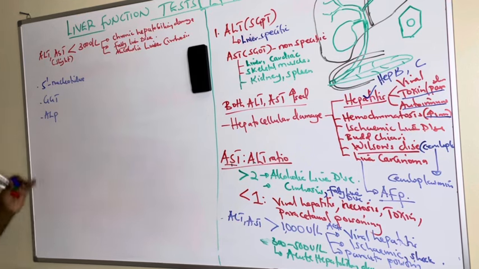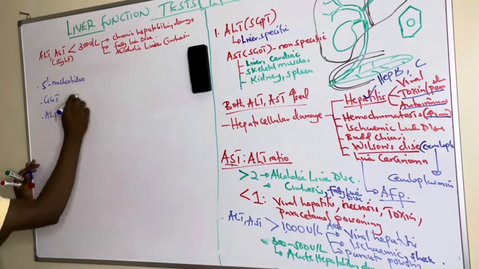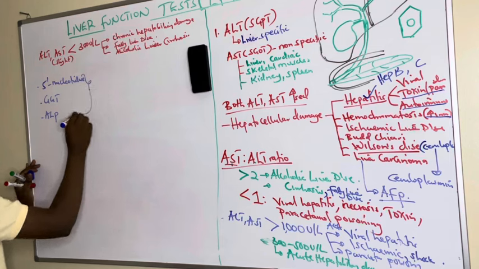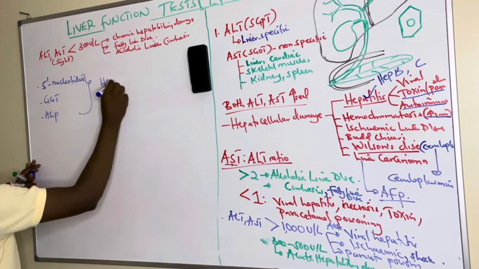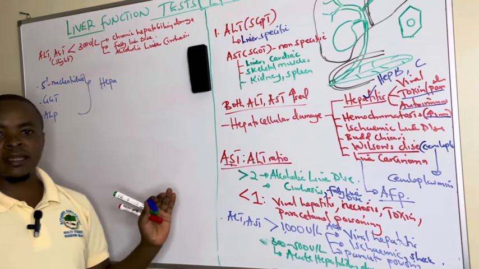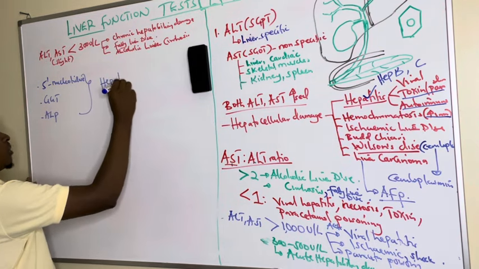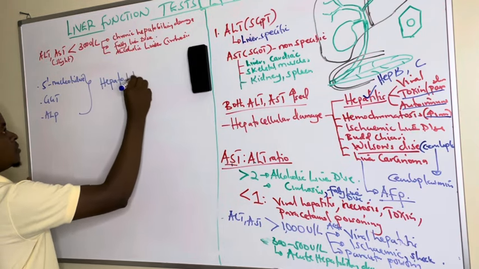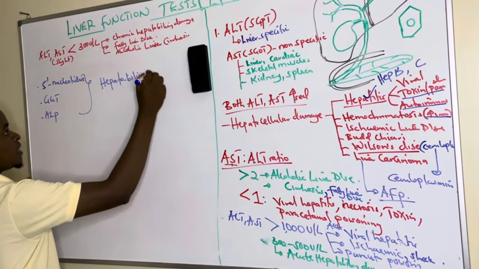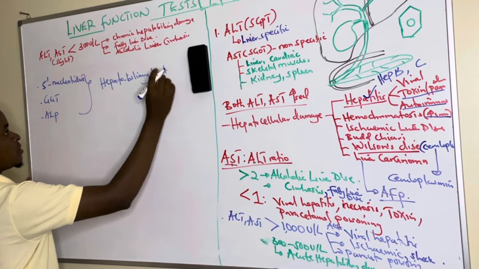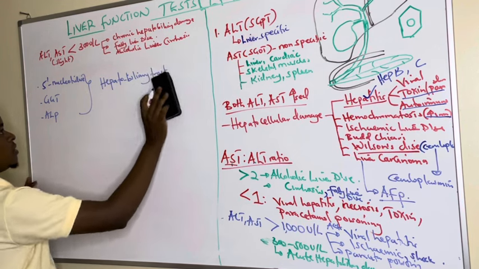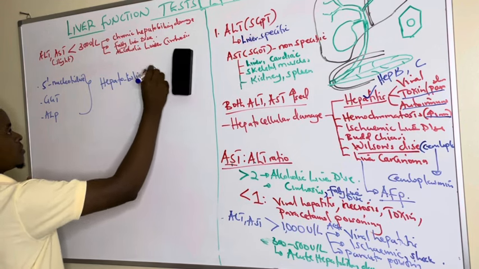These guys measure what we call hepatobiliary diseases. The ones we have finished are for hepatocellular diseases. These ones are for hepatobiliary. Any condition that affects the biliary tract, hepatobiliary diseases.